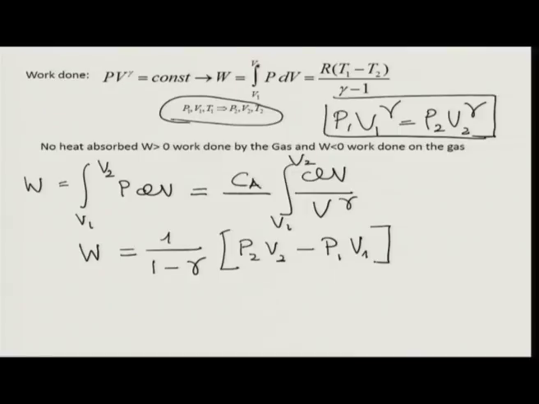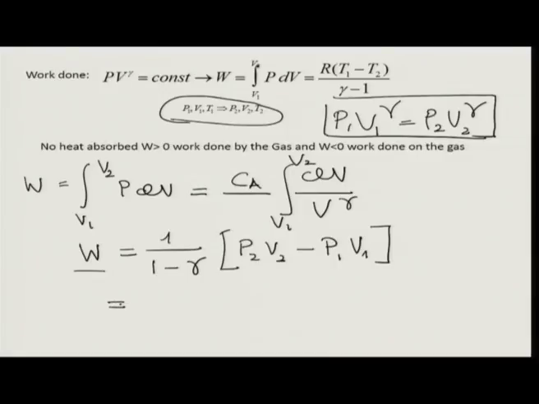Adiabatic process is very complicated because all the thermodynamic variables change, but keeping this constant enables us to find out a closed form expression for the work done. And this is the expression for the work done, and now PV is equal to RT is always satisfied. After all, it is ideal gas. So, it is satisfied initially, also finally.